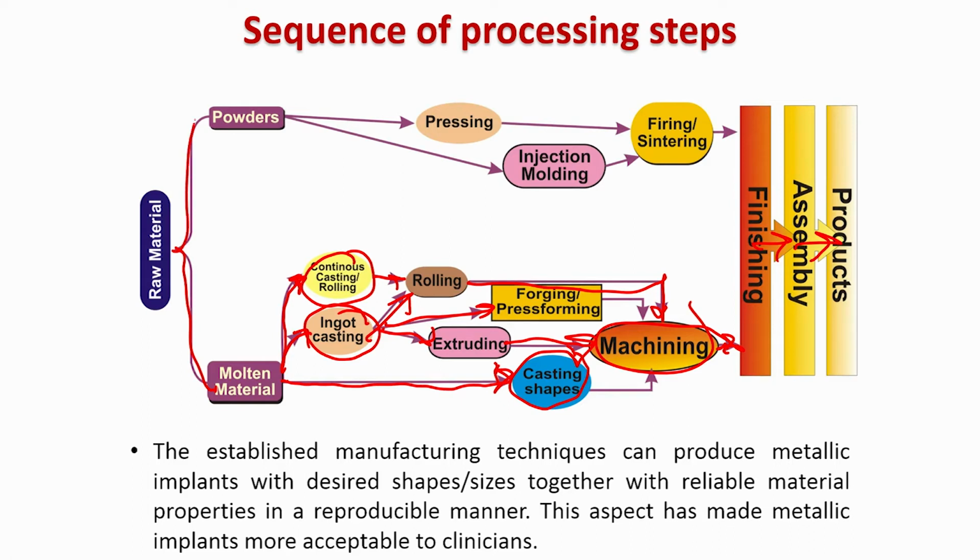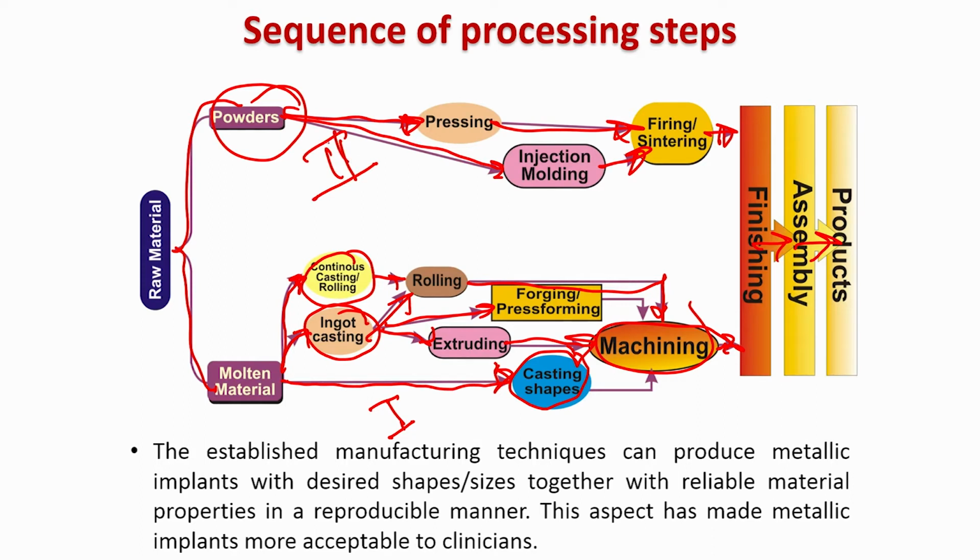Now, from the powder based techniques, like for metal powders or ceramic powders or polymeric powders, you can do injection molding, and from injection molding you can do firing or sintering, or you can do pressing and then firing and sintering. After that you can do finishing. So, these are two different classes of routes. Route 1 is the molten material based route, and route 2 is based on powders.